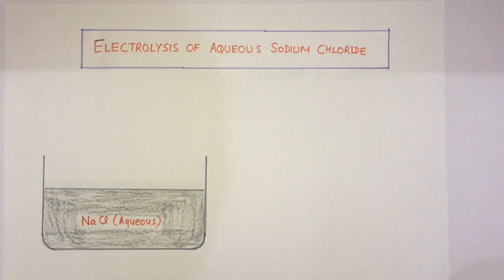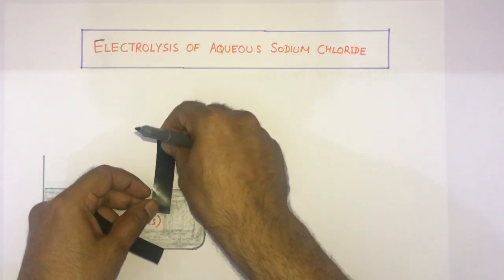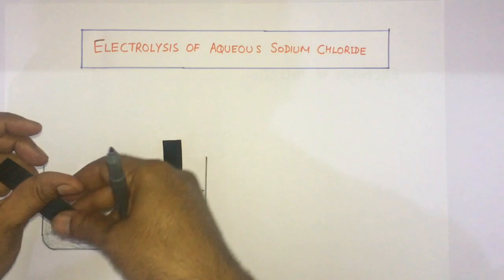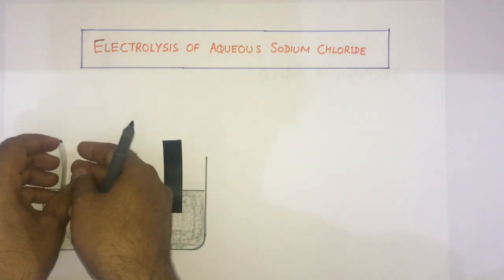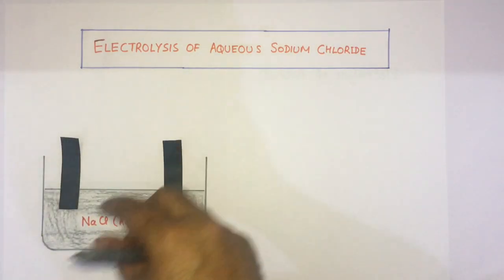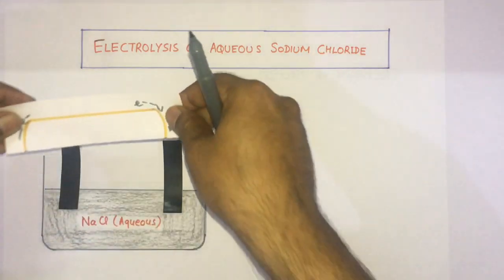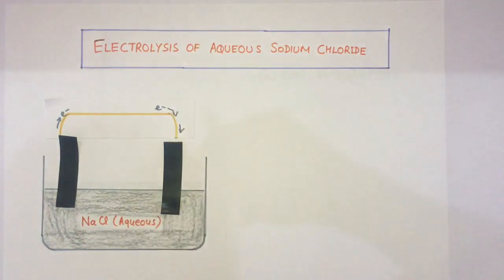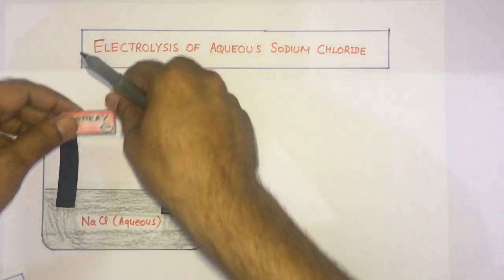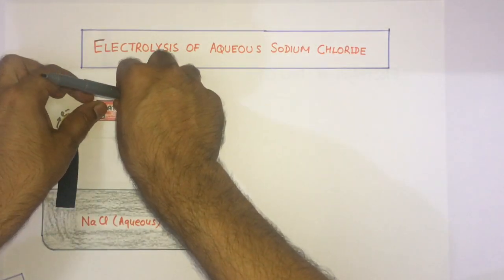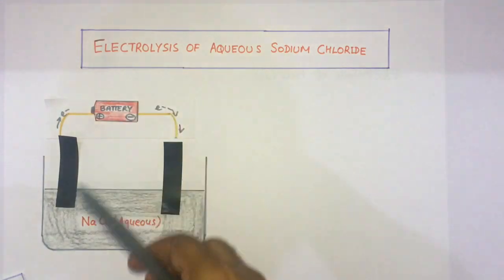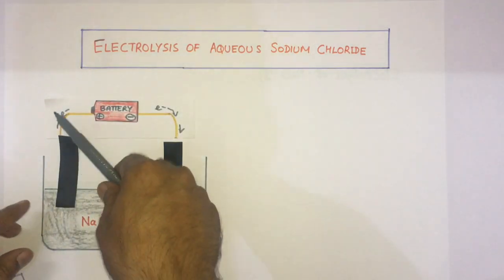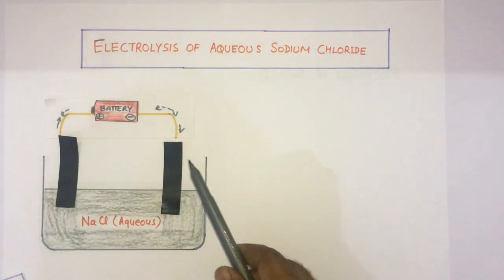There are two graphite electrodes which are immersed in it, and these electrodes are connected through an external wire, and a battery is hooked up in the wire. It acts as an electron pump and pulls the electron from the anode and moves it towards the cathode.